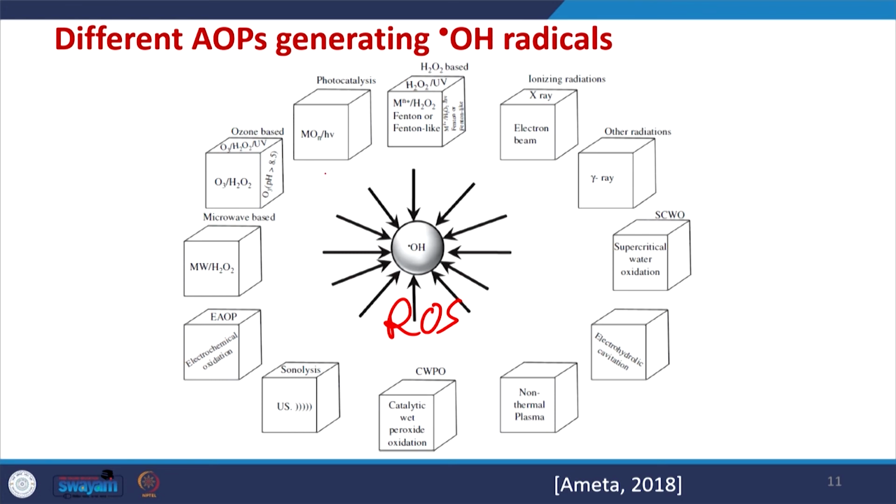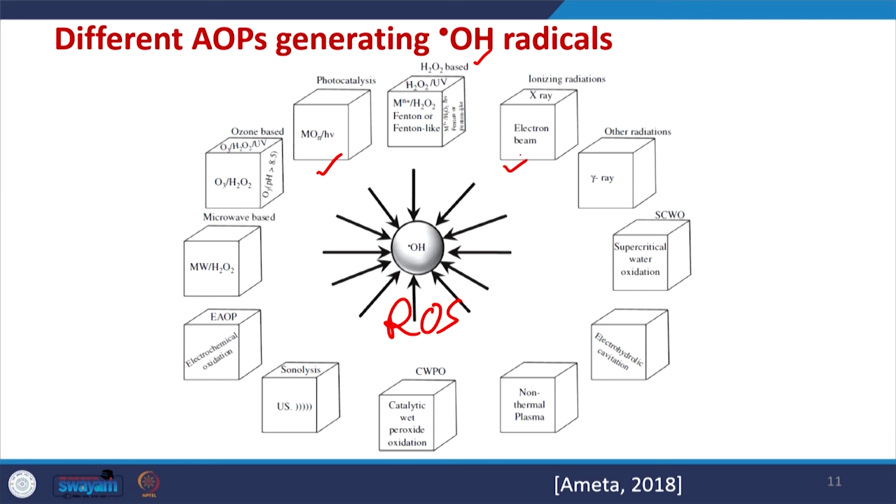The same we can do with photocatalysis, and we can use a lot of hydrogen peroxide based techniques, which is called peroxidation. We can use hydrogen peroxide along with some catalyst. They will always produce reactive oxygen species.